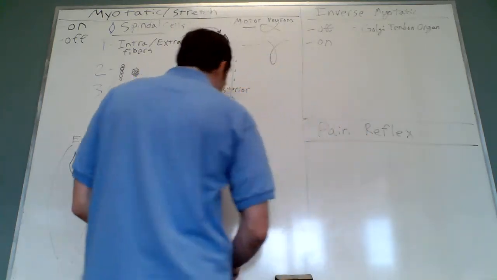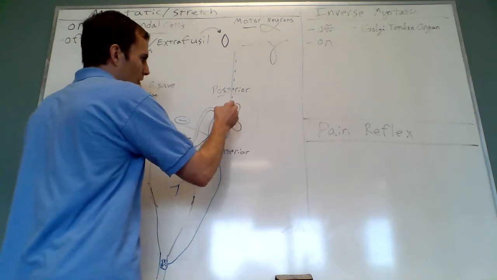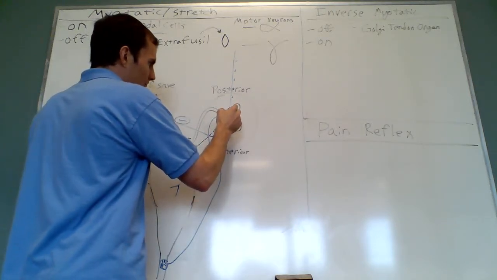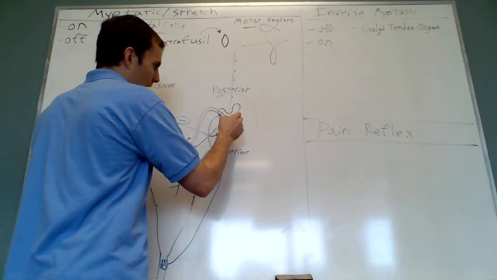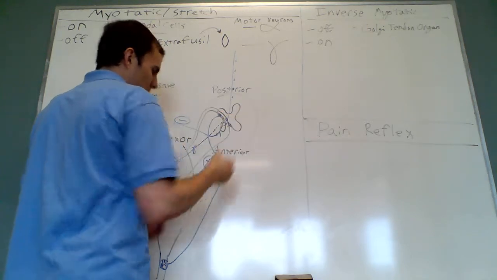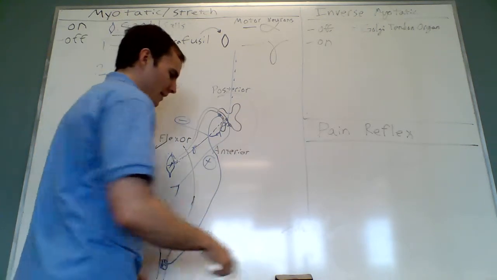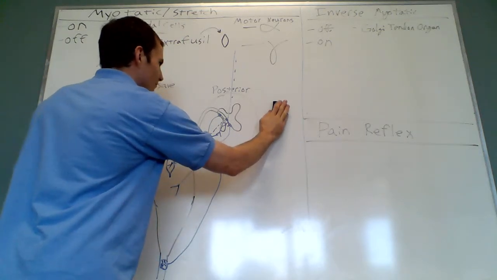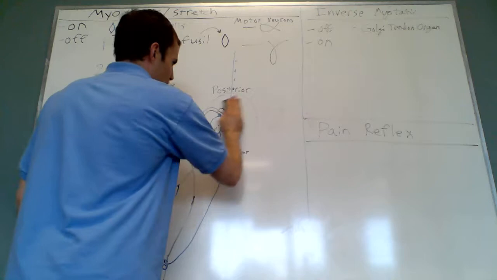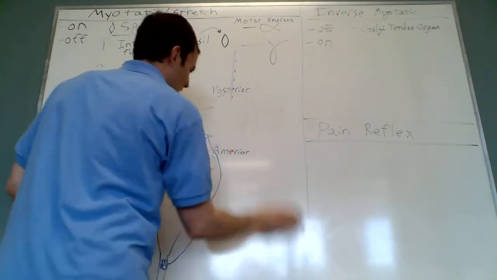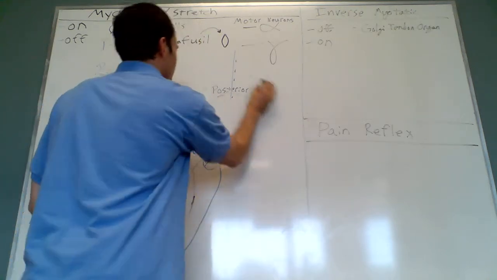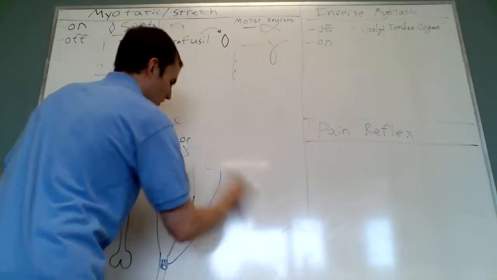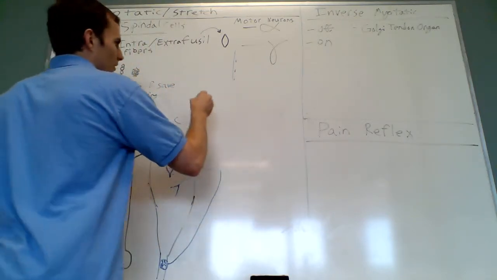And so you have crossover in the spinal cord, and all of the ones in the pain reflex have interneurons. You guys can't see this at all, can you? Okay. All right. So let's make this bigger. Okay.